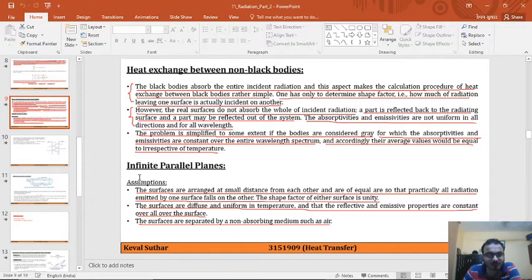So we will quickly begin with heat exchange between non-black bodies, and we were left with our previous topic of infinite parallel planes. So we will continue from here.